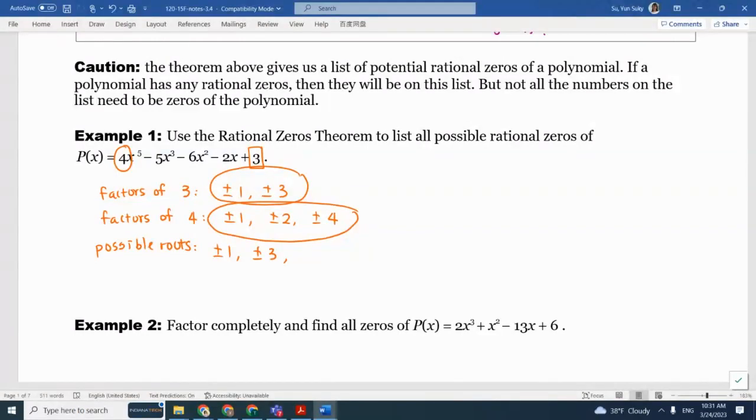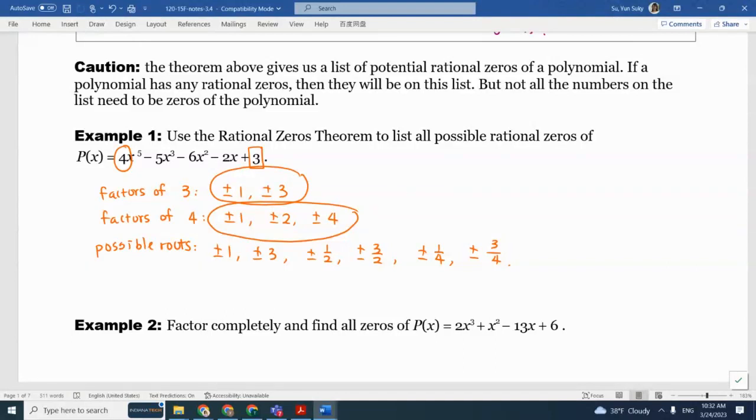Then plus or minus 1 over plus or minus 2, then plus or minus 3 over plus or minus 2. Plus or minus 1 over plus or minus 4 is plus or minus 1/4. Plus or minus 3 over plus or minus 4 gives plus or minus 3/4. Is that okay, everybody? You use these numbers divided by those numbers.